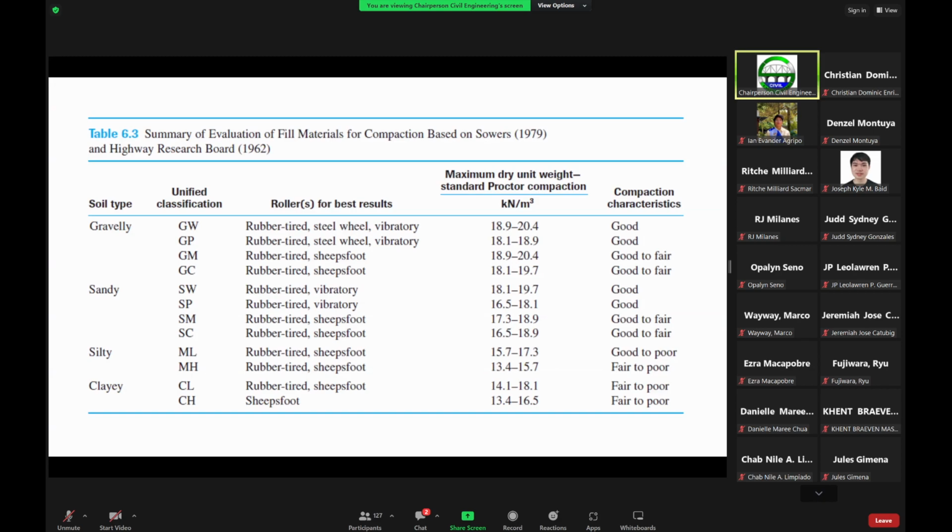We always like the higher permeability or the more permeable materials. Anyway, we'll discuss permeability in the next topics. So the highly permeable materials are more recommended as fill materials to avoid the build-up of pore water pressures.